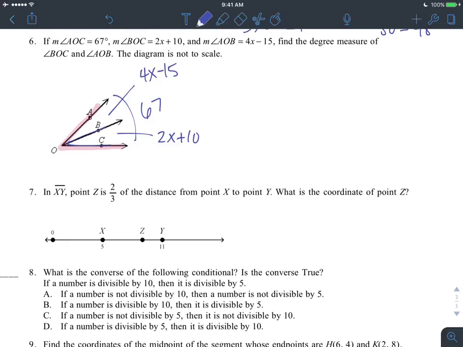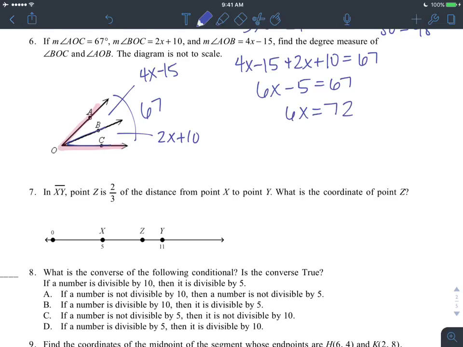So the only thing we can do here is add our two smaller parts, 4x minus 15 and 2x plus 10, and set it equal to our total angle of 67 degrees. If we do that, we get 6x minus 5 equals 67. Then we add 5 to both sides, so 6x equals 72. Divide by 6, and x equals 12.